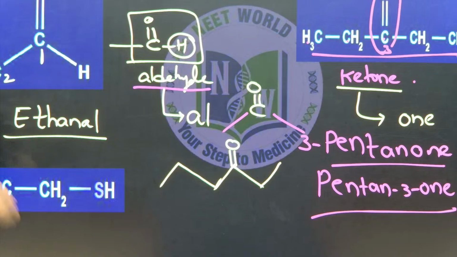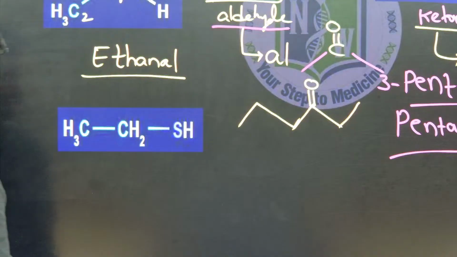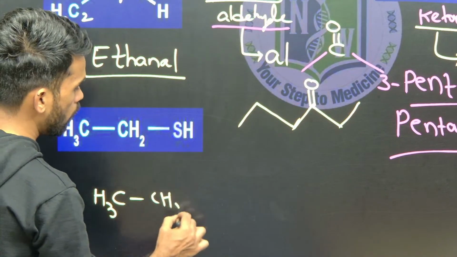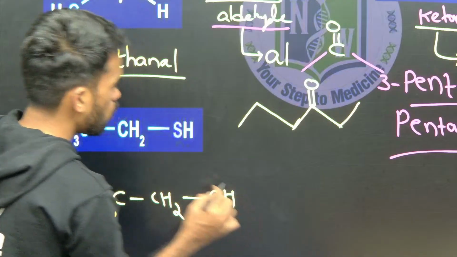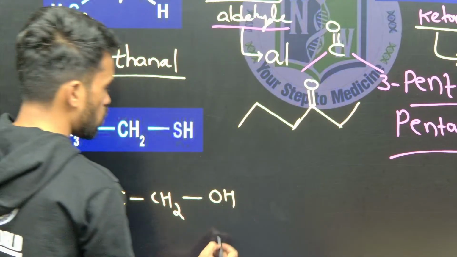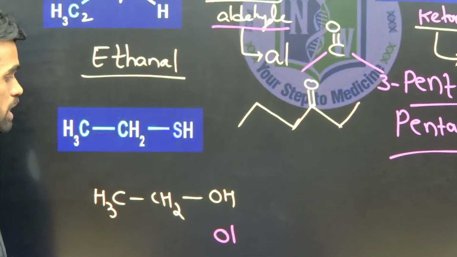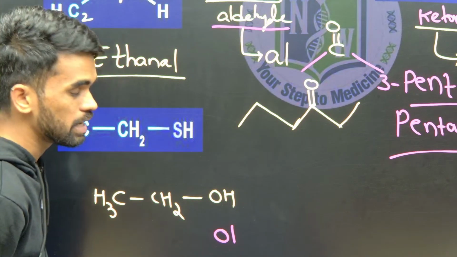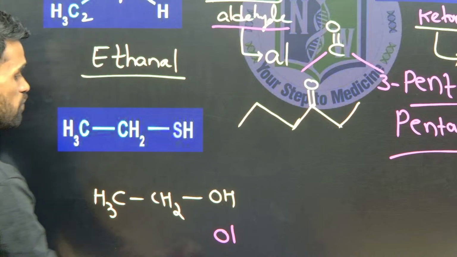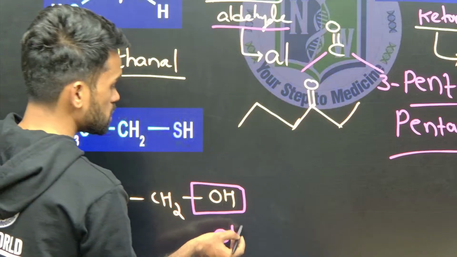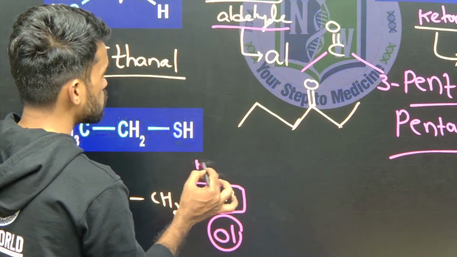And tell me what about these? Wherever you see CH3, CH2, OH, where only an OH group is there, you should call it ol. The name of that compound should end with ol. The ending of the name is nothing but the suffix. So the suffix for this hydroxy functional group, the alcohol functional group, is ol, whereas its prefix is hydroxy.